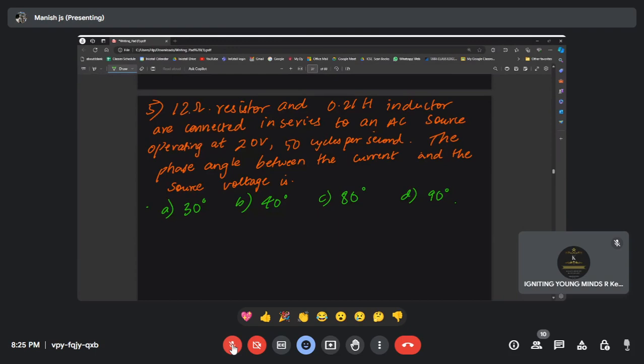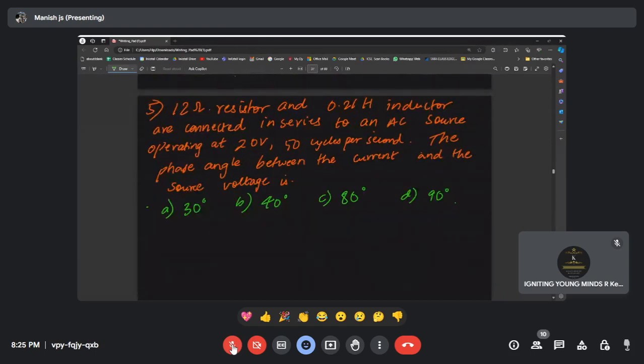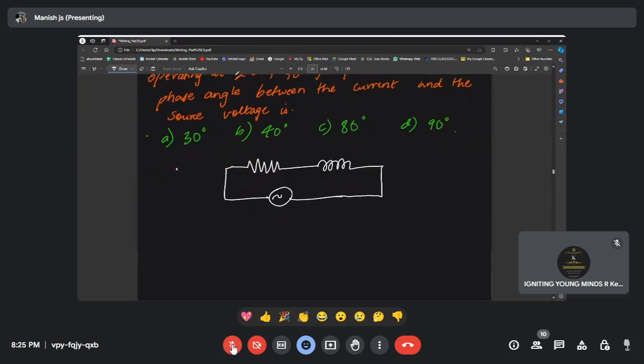So here you have a resistor and an inductor, right? Again, we try to represent this question diagrammatically. You have a resistor, then an inductor, and both are connected in series to an AC source. Simple.